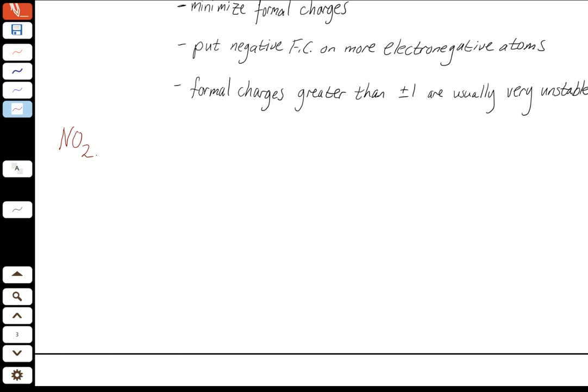And this time, now that we know all this stuff, when we draw a Lewis structure, we want to draw resonance forms and include all formal charges. So when you draw a Lewis structure from this point forward, you want to always be thinking about what other possible resonance forms could I draw, and always include the formal charges.